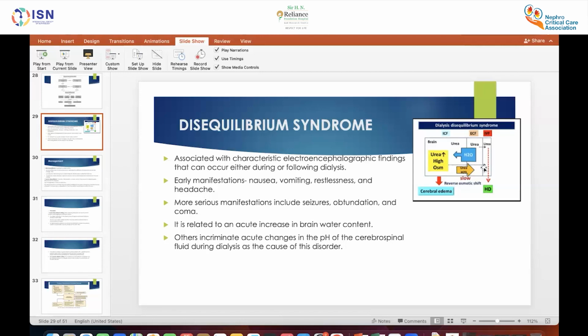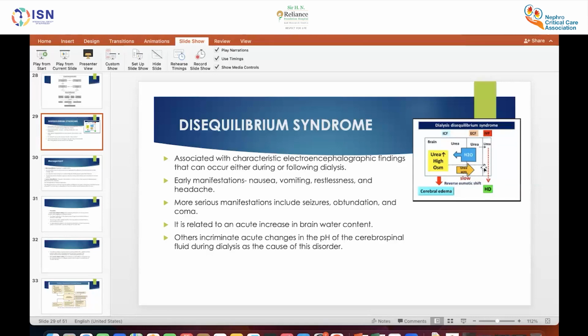But since urea movement is not so fast, and you are removing urea very rapidly, the urea in the intravascular compartment is rapidly removed, and that causes a decreased plasma osmolality in the intravascular compartment. And what will happen for that? The resultant effect is basically a shift relative to the urea in the intracellular compartment in the brain cells.